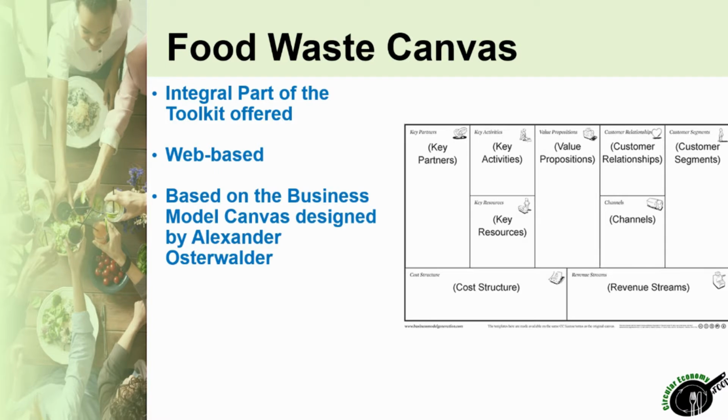The Canvas tool is an integral part of the toolkit and training material that's been developed to allow trainers of vocational students to use in promoting and encouraging the minimisation of food waste in the work environment. So this Canvas tool is an integral part of that toolkit.